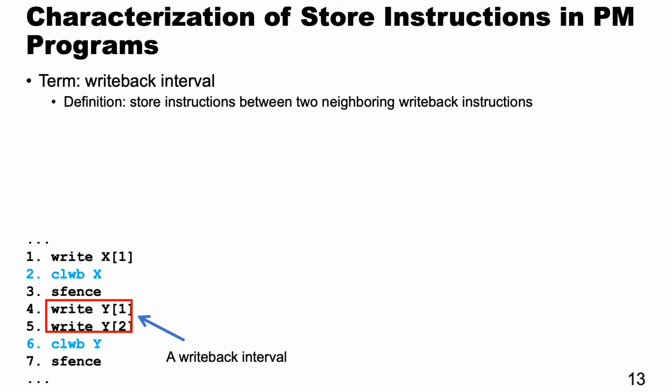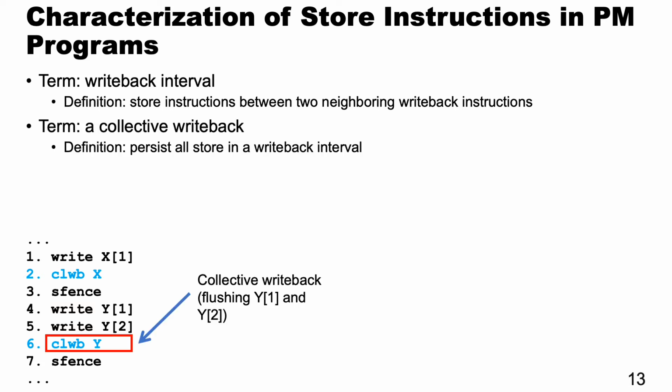Then we study characterization of store instructions in PM programs. We first split store instructions into intervals by write-back instructions, and store instructions between two neighboring write-back instructions form a write-back interval.